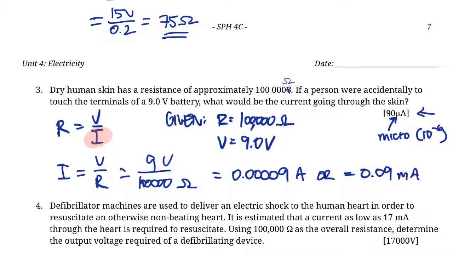Obviously, if you have wet skin or you put it to your tongue or something like that, again, do not try this at home. But if you were to try that, the resistance would be a lot lower because water, especially water with salts and stuff in it, carries electricity a lot better than dry skin. So the current going through there would be a lot higher if that was the case.